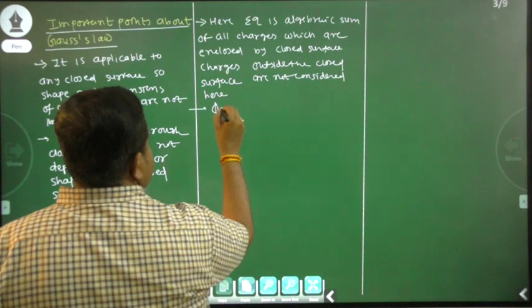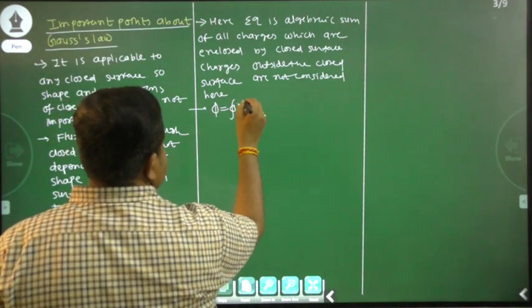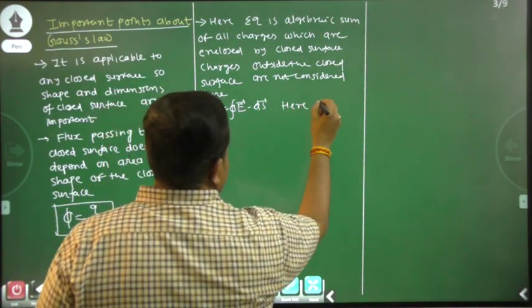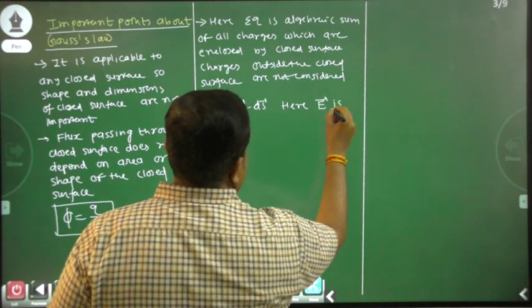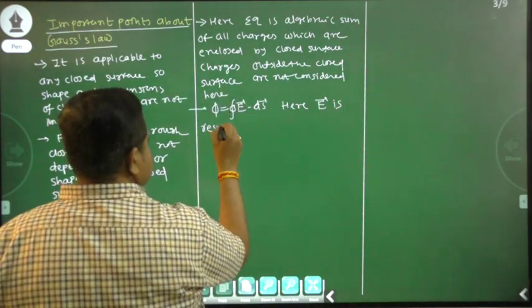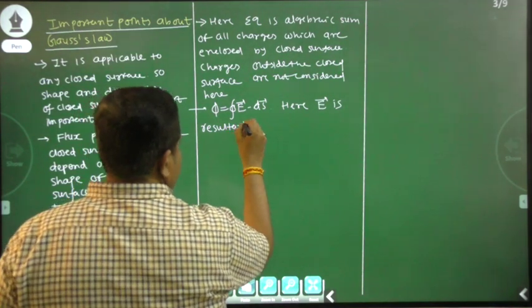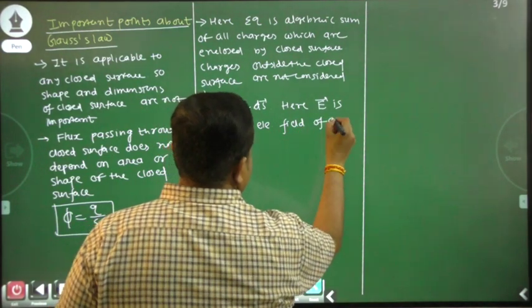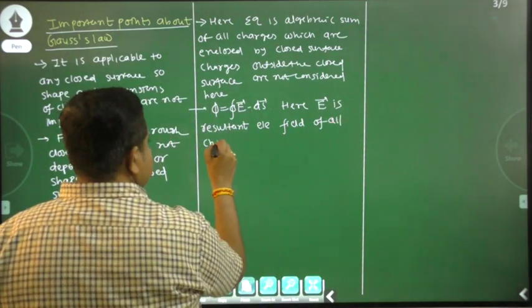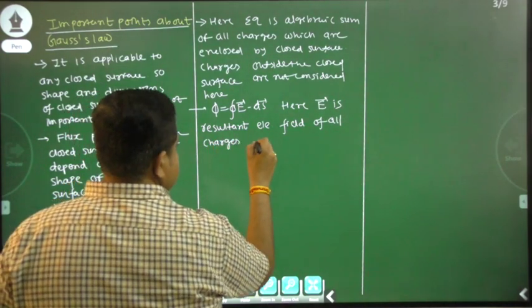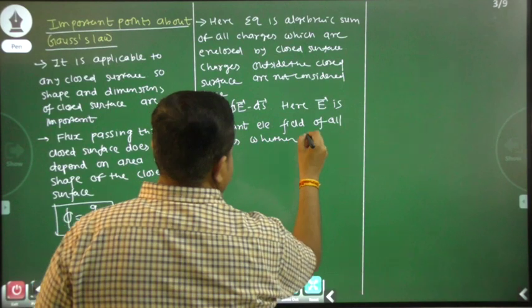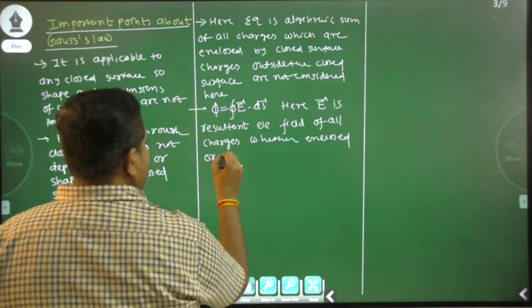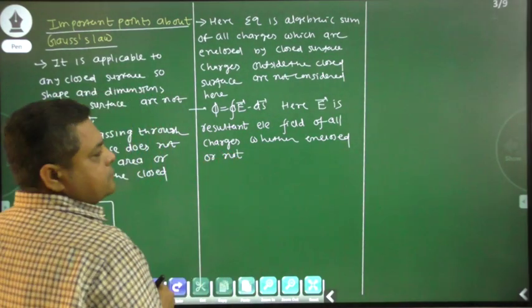But in flux phi, closed integration E dot ds, here E is the resultant electric field of all charges, whether enclosed or not.